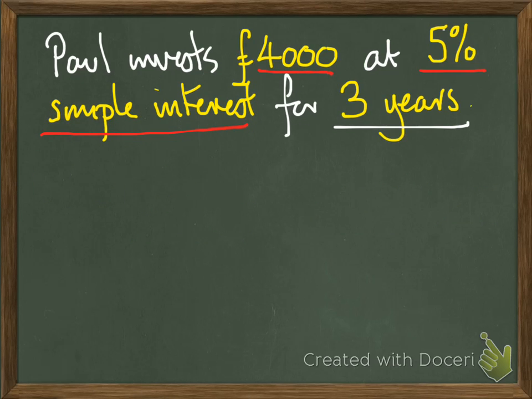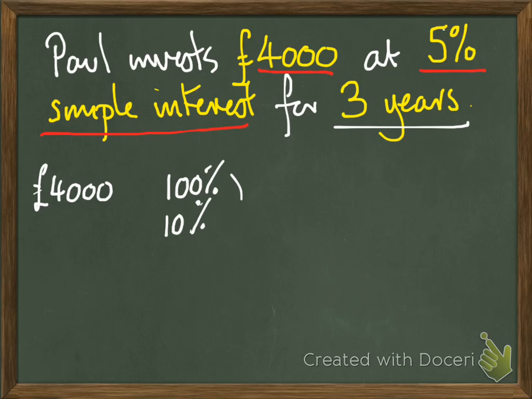If you're going to be doing the non-calculator way, then we need to start doing that small table. So we have £4,000. Well, what percentage of the amount does that equal? Well, it's 100%. So what's 10%? How do I get from 100 to 10? Well, I divide by 10. And if I divide 4,000 by 10, I get £400.